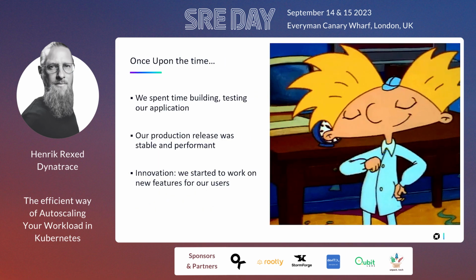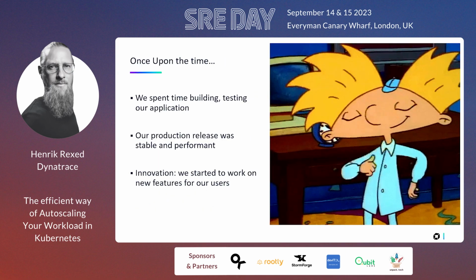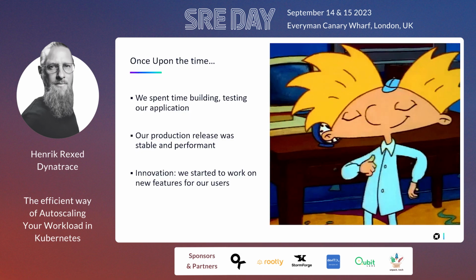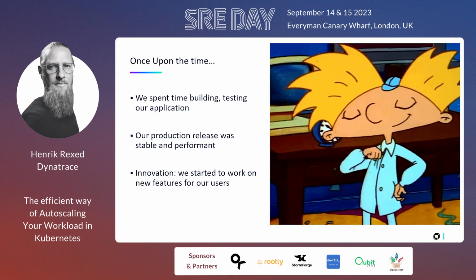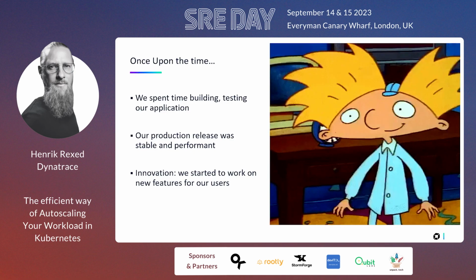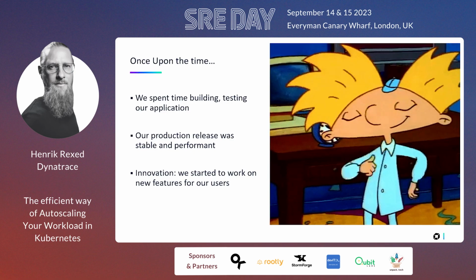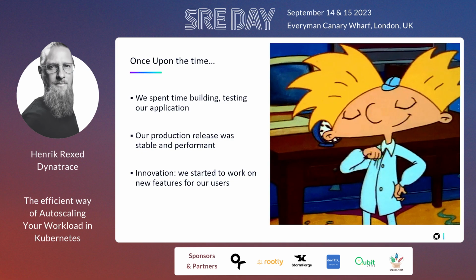All right, so once upon a time, here we're talking about a team that is building a solution, a public-facing website. I'm not going to share any names of any company here, but this team was building, testing, producing the app, and once they shipped it on production, the traffic was not so high, so it didn't have many peaks.